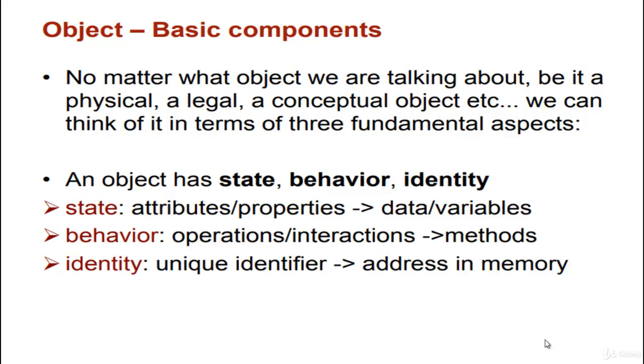Those are called methods. Identity is a unique identifier, an address in memory. Object has state, behavior, and identity. So we learned the three fundamental aspects of an object.